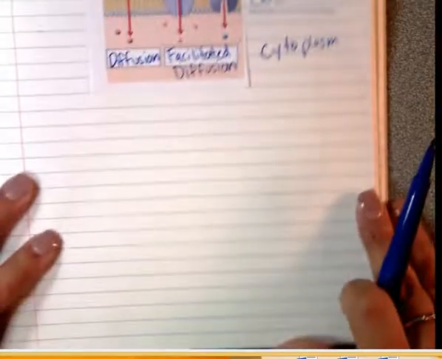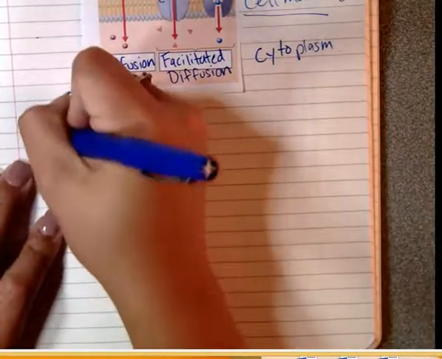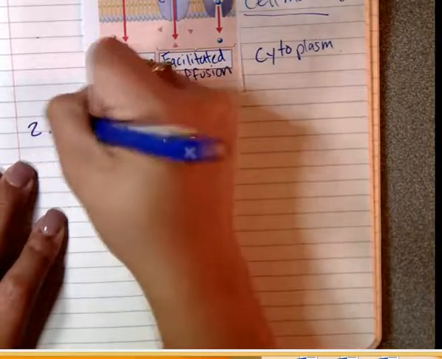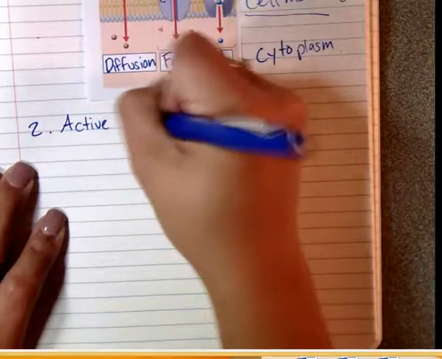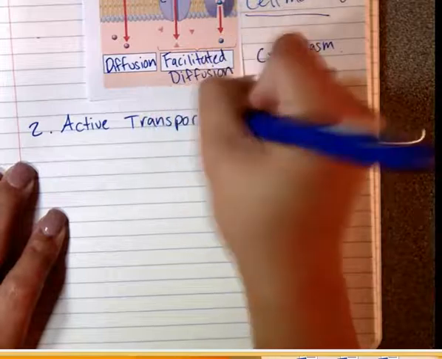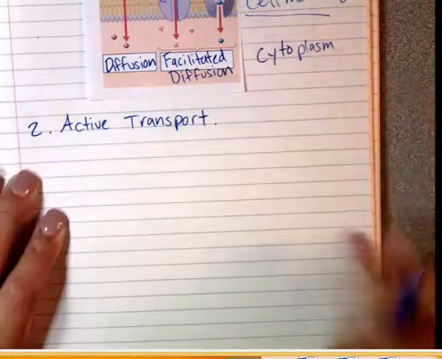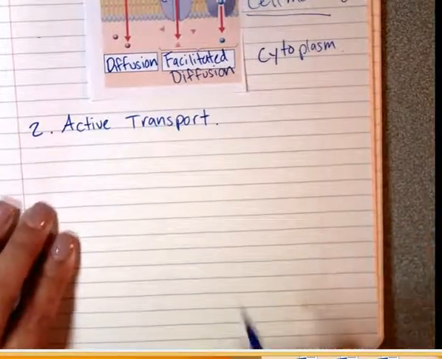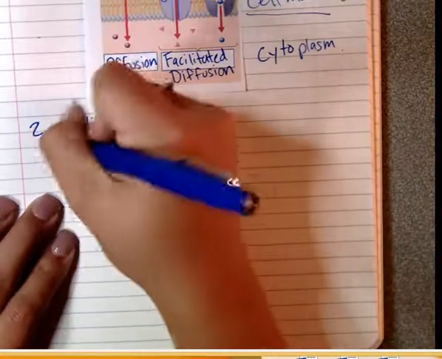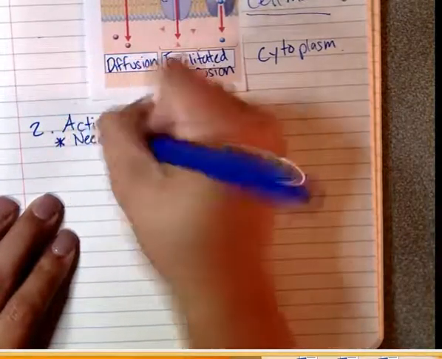The second category, category number 2, is active transport. The big giveaway for active transport is that it needs energy.